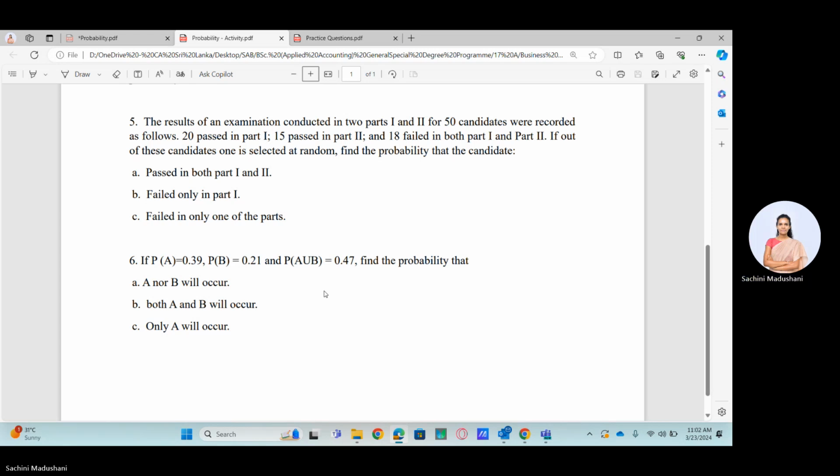Okay. It's the way theoretically we can write the answer for the probability questions. Then do question number 6. If you have any questions, ask me.